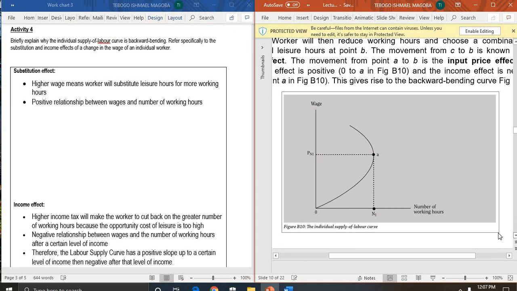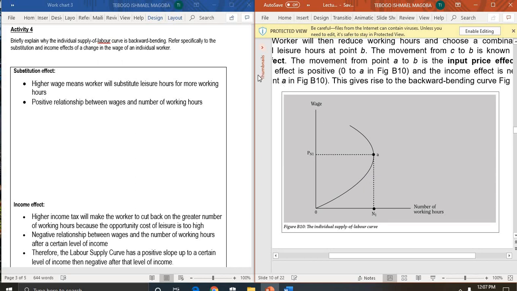Okay, that's perfect. So remember, this person will have a higher wage. Remember, this is it, the increase in wages. So substitution effect, we will say that higher wage means worker will substitute leisure hours for more working hours. That is evident here. As you can see, more wage, increasing of number of working hours.